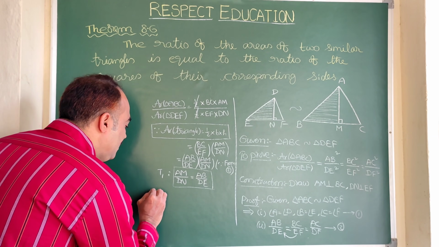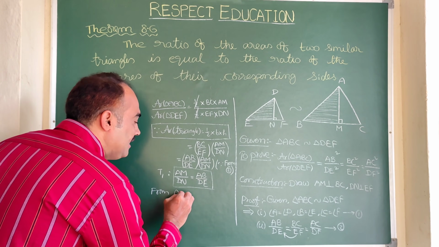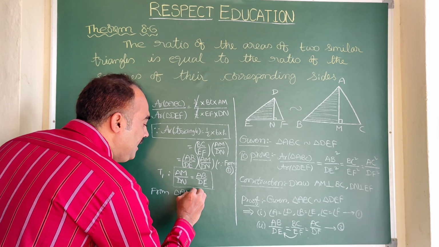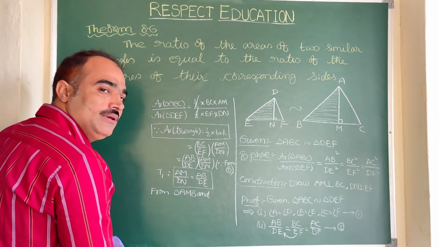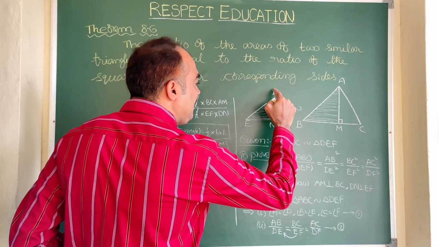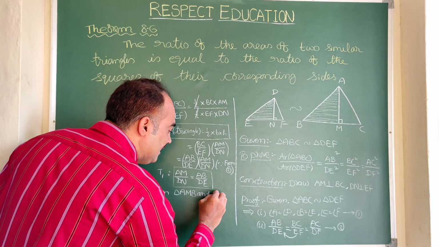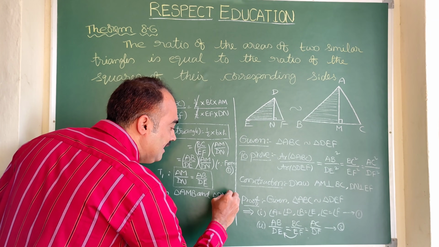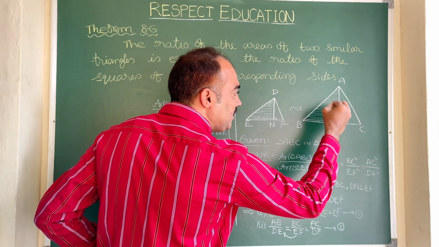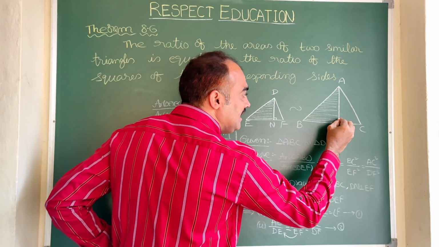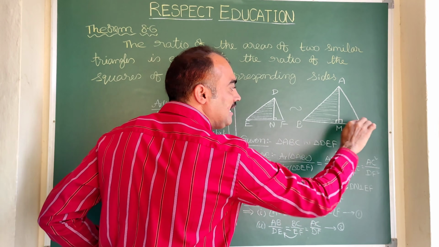So let us consider those triangles. Here I am writing triangle AMB and triangle DNE; later I will change it to similar. Let us compare both the triangles. Here you see, as it is perpendicular, if the right side is 90, this is also 90 because this is a straight line.